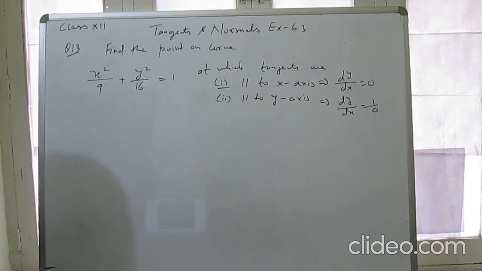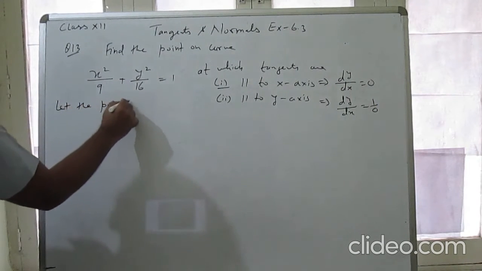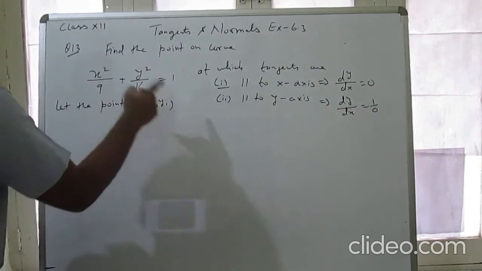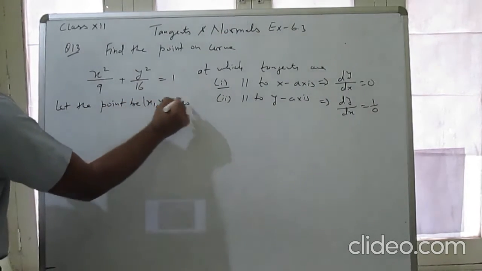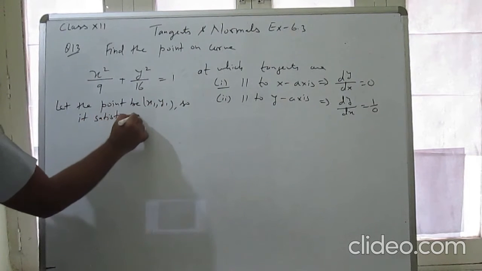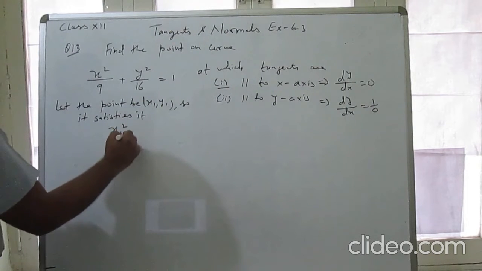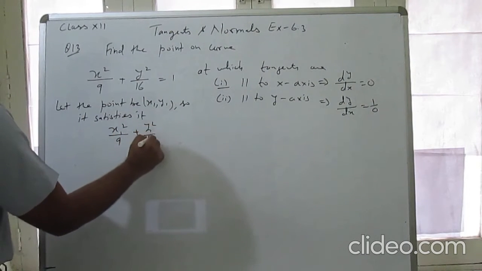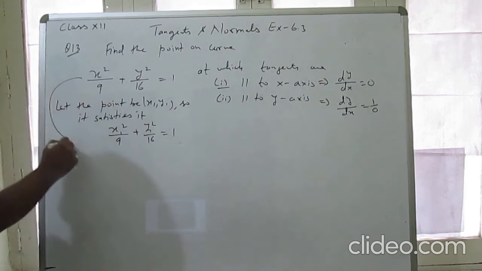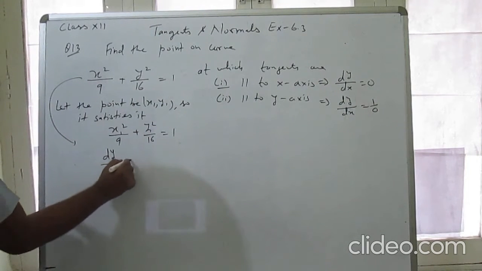What points will be on this curve? So let the point be x1, y1. It satisfies the equation, so x1 square upon 9 plus y1 square upon 16 is equal to 1. Now we have to find the slope of the curve, which is dy by dx.